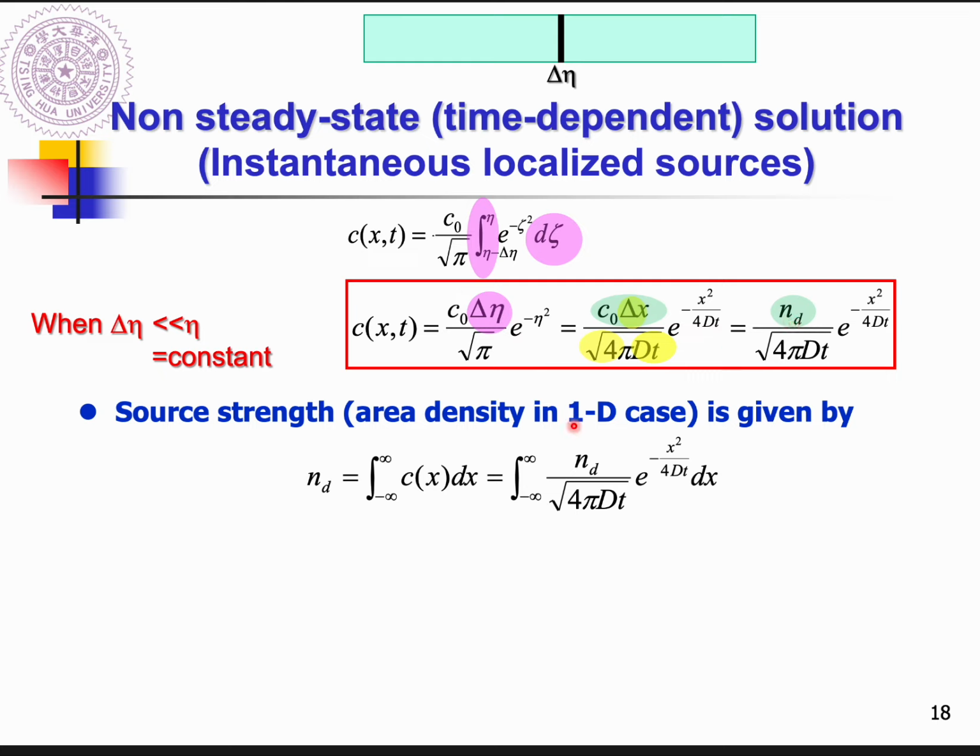So ND can also be expressed like this. If you integrate the concentration over the whole space from negative infinity to infinity, you get the total source strength in this case.